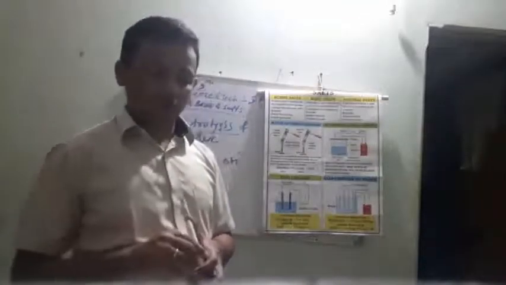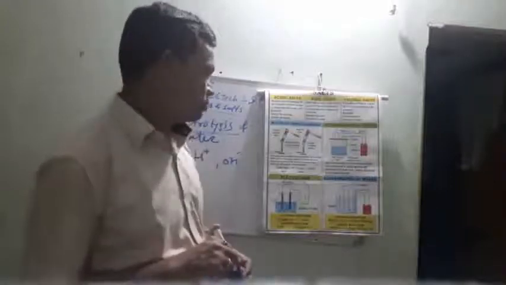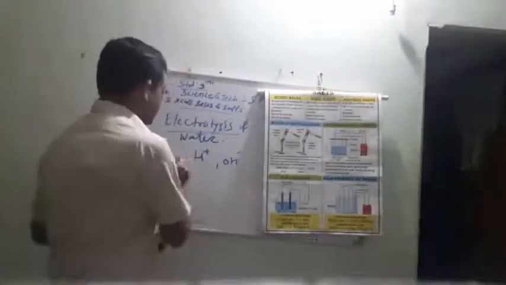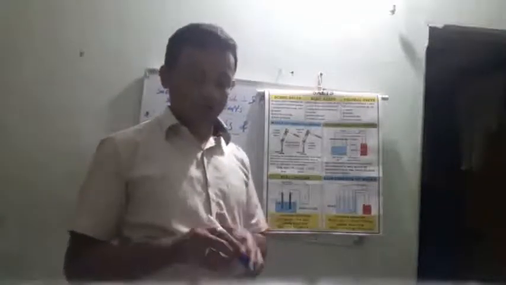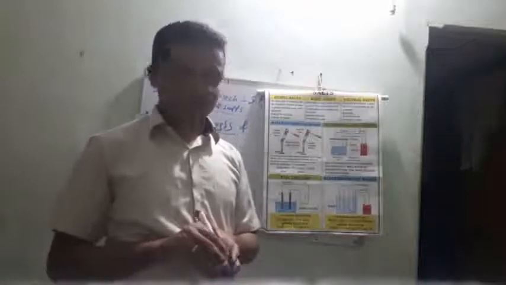Then hydrogen gas is formed near the cathode, and towards the anode oxygen gas is formed.